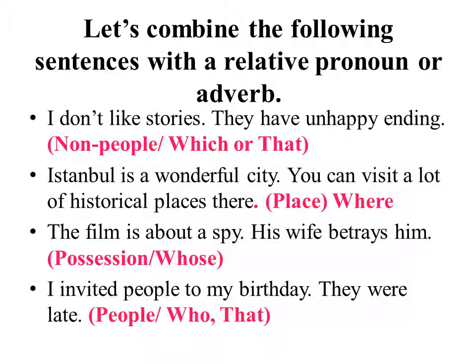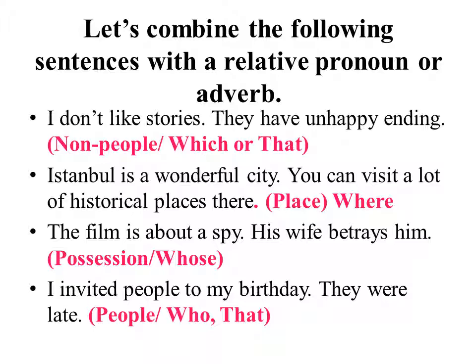Next sentence. Istanbul is a wonderful city. You can visit a lot of historical places there. So here I need a relative adverb of place, which is where. So the sentence will be the following. Istanbul is a wonderful city where you can visit a lot of historical places.